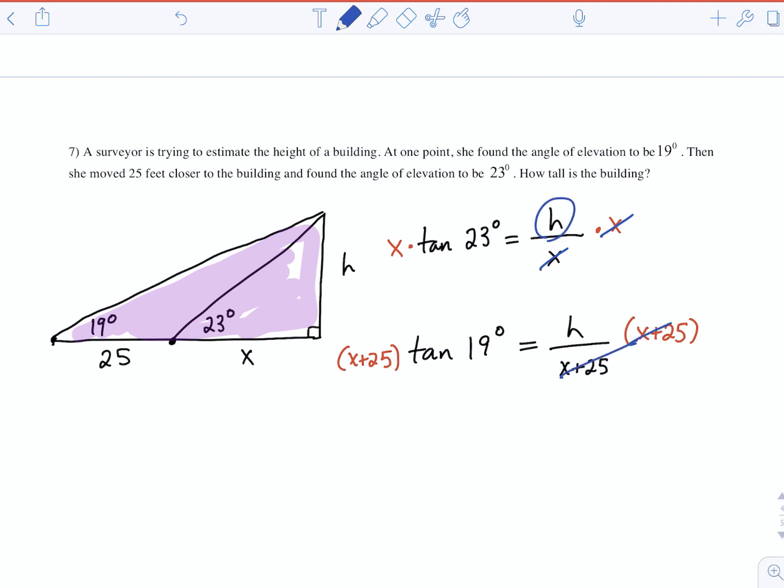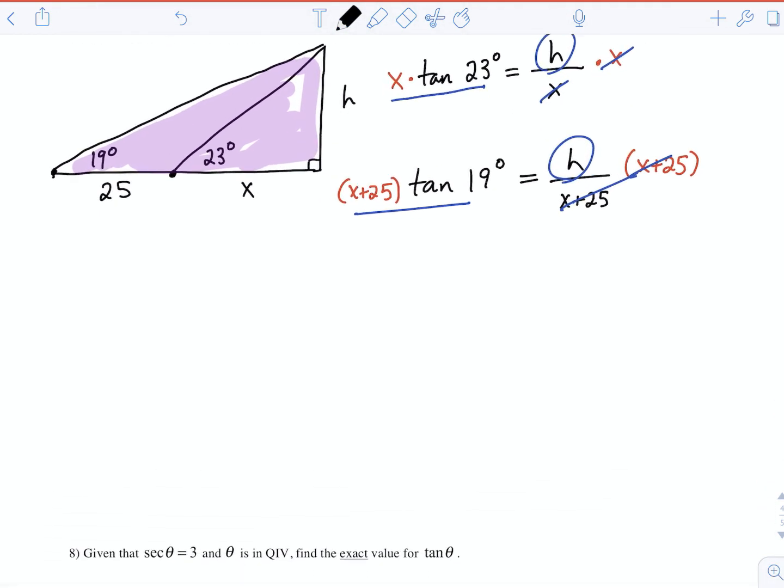And after these cancel, that means this one's also equal to h. So if this is equal to h and this is equal to h, then they have to equal each other. So parentheses x plus 25 times tangent of 19 has to equal x times tangent of 23.